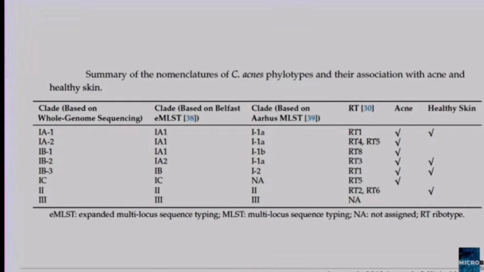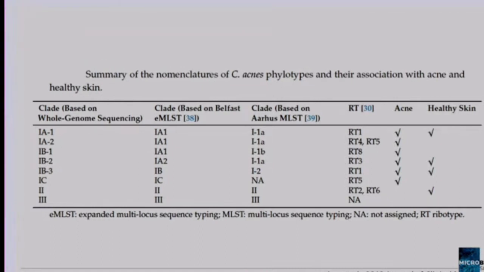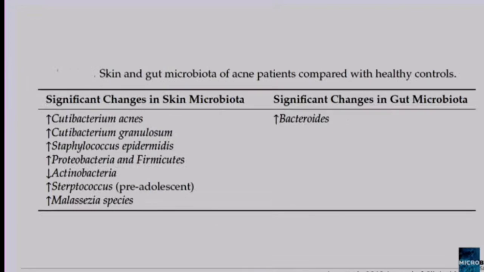And each one shows where the phenotypes that are responsible for acne are present. And as you can see, 1A2 is mainly present in acne-prone cases, and 1B1 is also present in acne-prone patients.